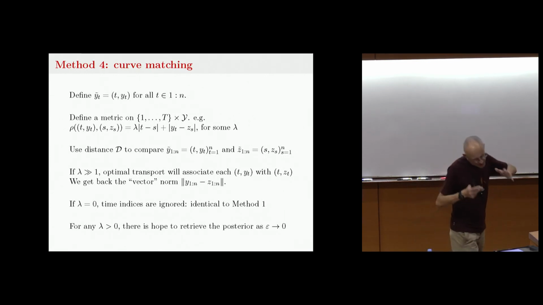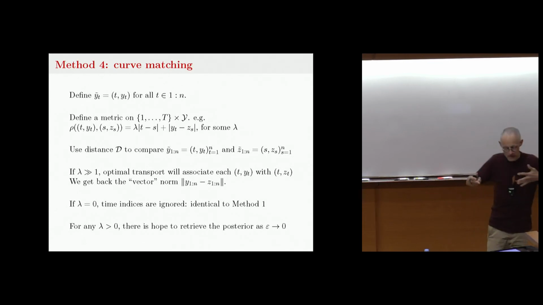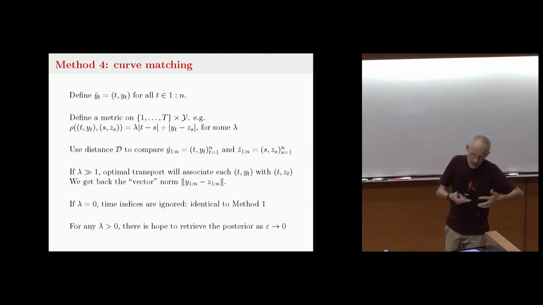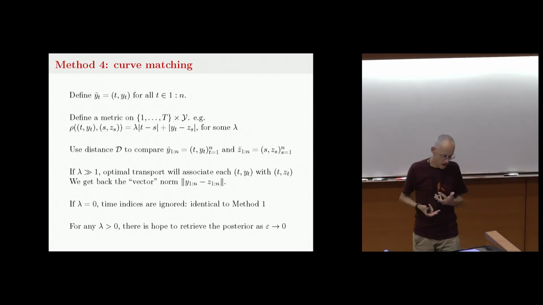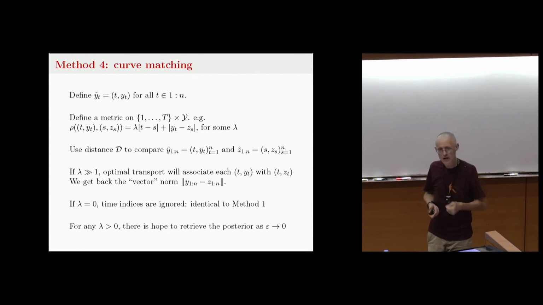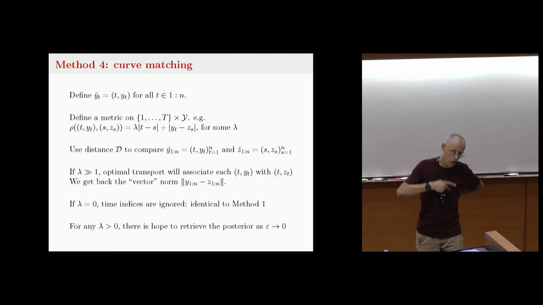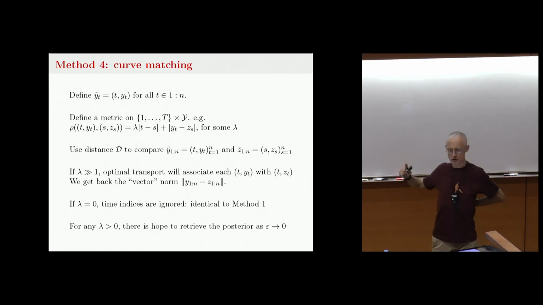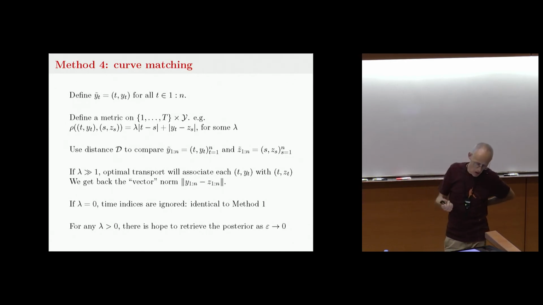Rather than considering the sequence of observations as something inspired from an IID sampling and derived by a transform, curve matching considers the whole sequence as the observation of a curve indexed by both t and y of t.